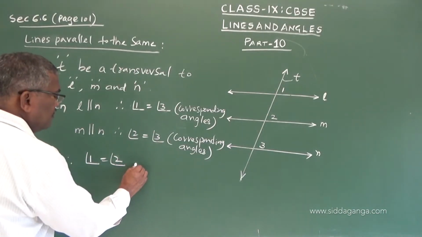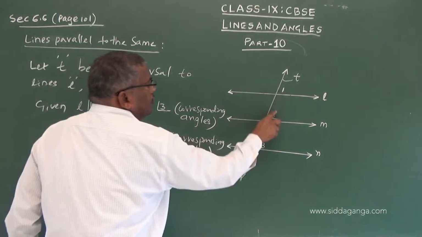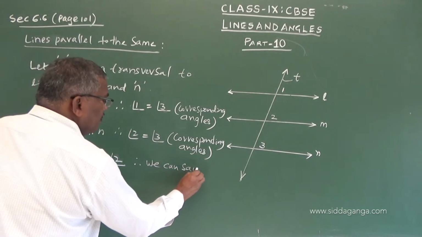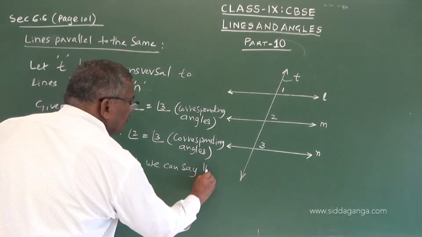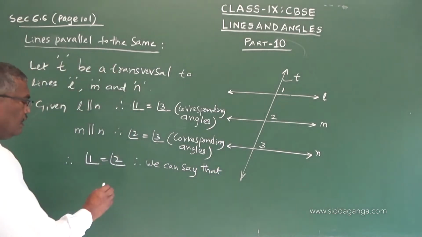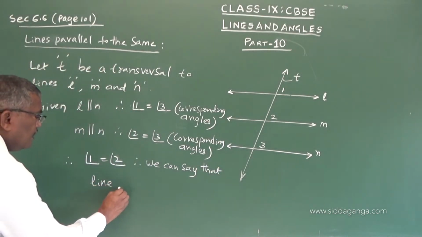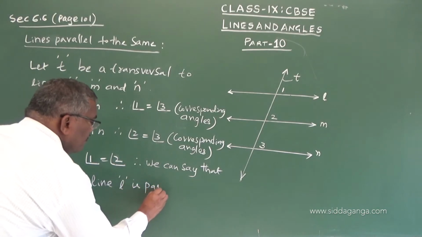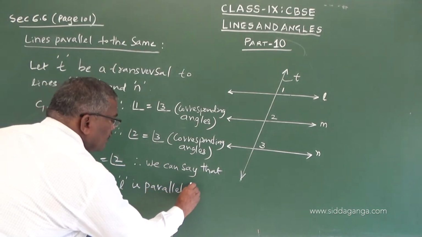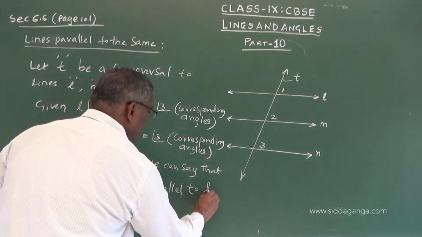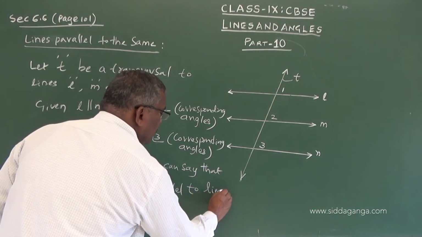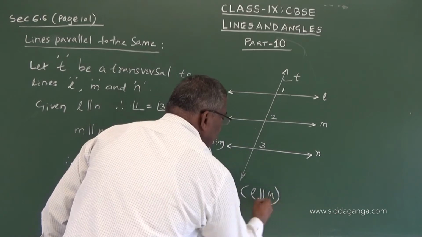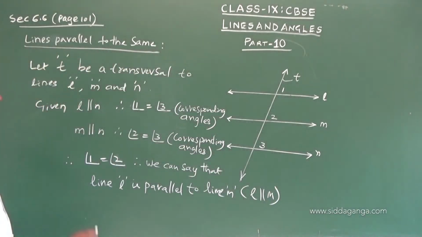Therefore when 1 equals 2, we can say that line L is parallel to line M. So I will write L parallel to M. How are we concluding this?